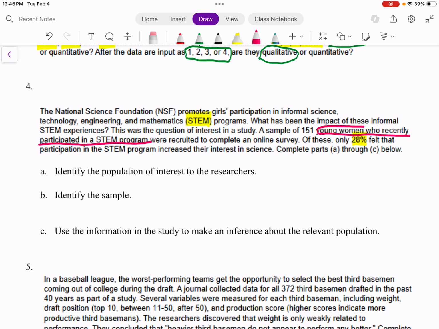Okay, so out of all women who participated in a STEM program, all of them are the population, but out of all of them, 151 is the sample. We are interested in women who recently participated in a STEM program.